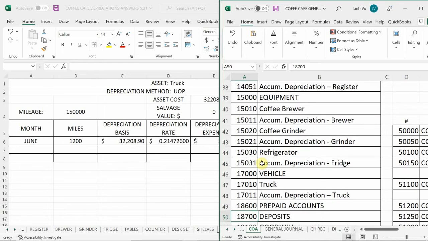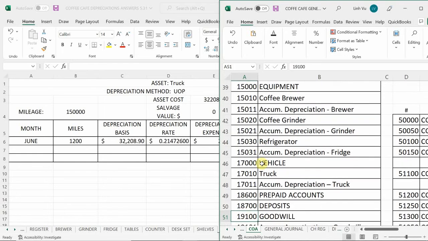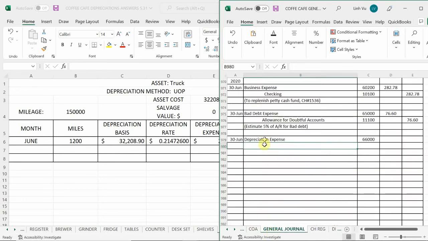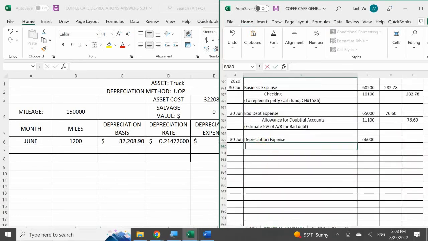So vehicles, truck. My accumulated depreciation for the truck is 1711. And so far, how much was that?